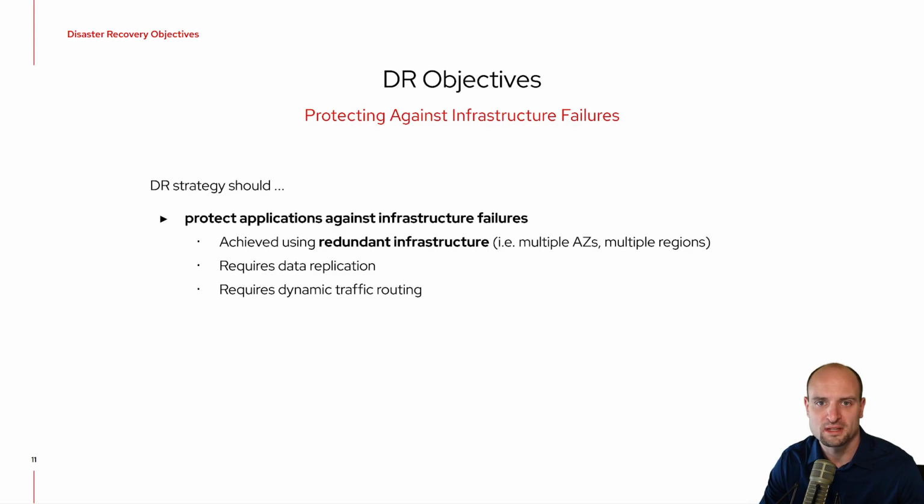Otherwise, it would make no sense. In addition to that, you will also need to figure out the application traffic routing. In the rest of this video, I will discuss the basic approaches for using redundant infrastructure, and the details about data replication and traffic routing will be left for the follow-up video. I will include the link to the follow-up video down below.